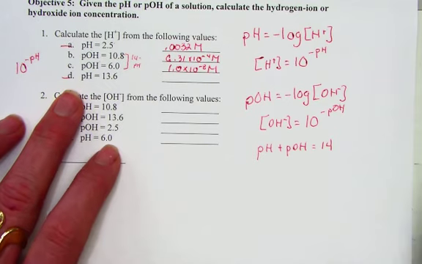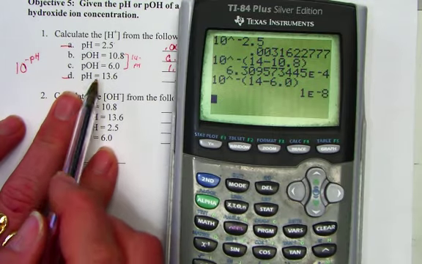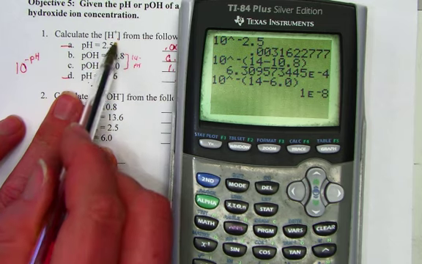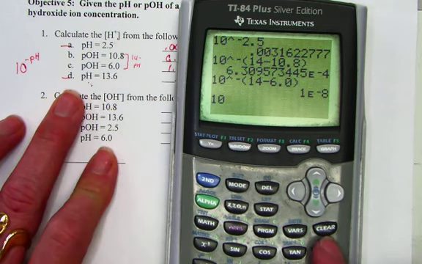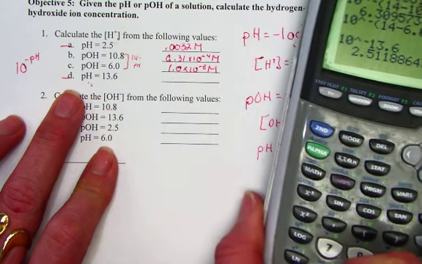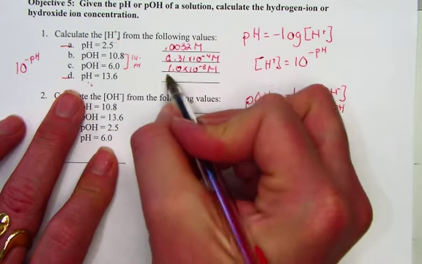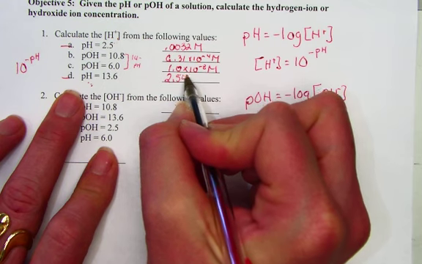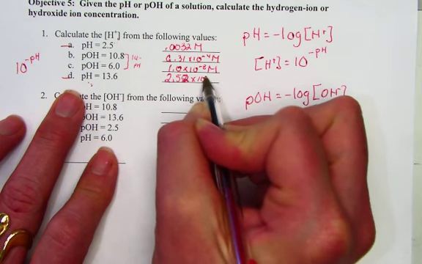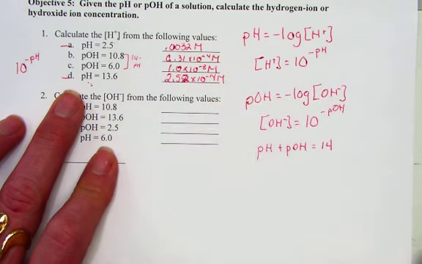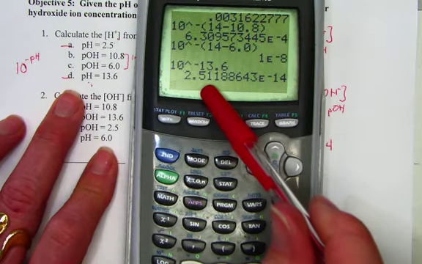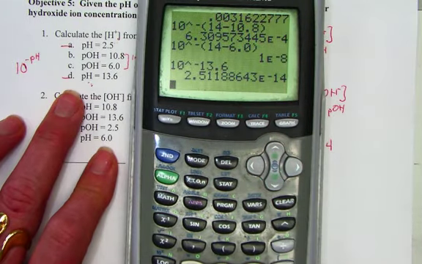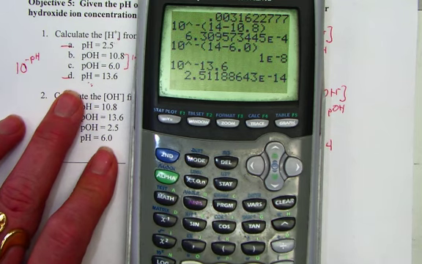And the letter D, since we're given pH directly, H and the hydrogen ion match directly, we'll simply hit 10 raised to the negative 13.6, pulling out the hydrogen ion value of 2.52 times 10 to the negative 14. Again, my screen showing 2.5118, so I'll just round 2.51 times 10 to the negative 14th molar units.